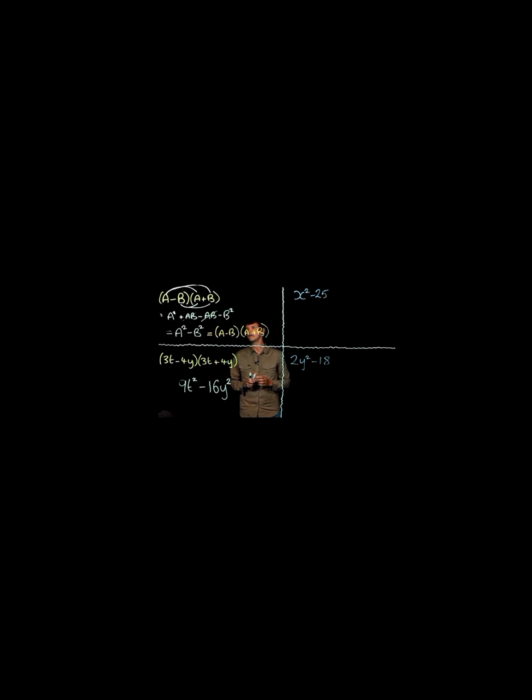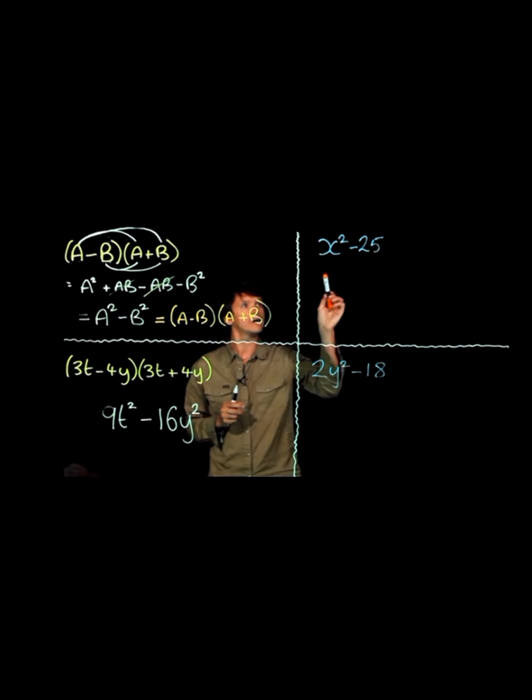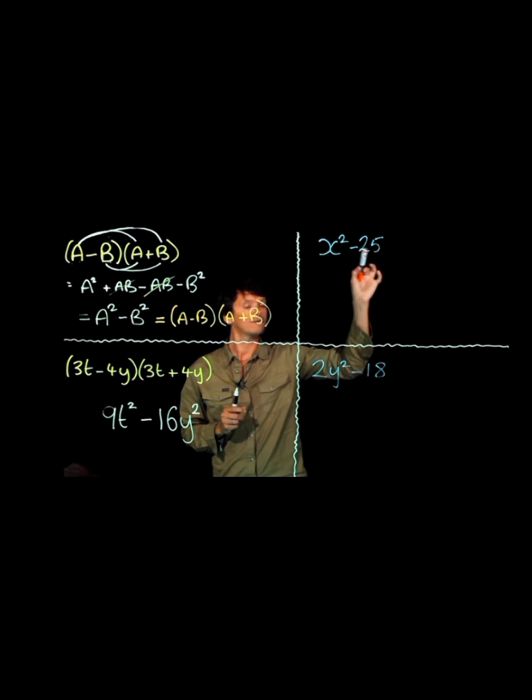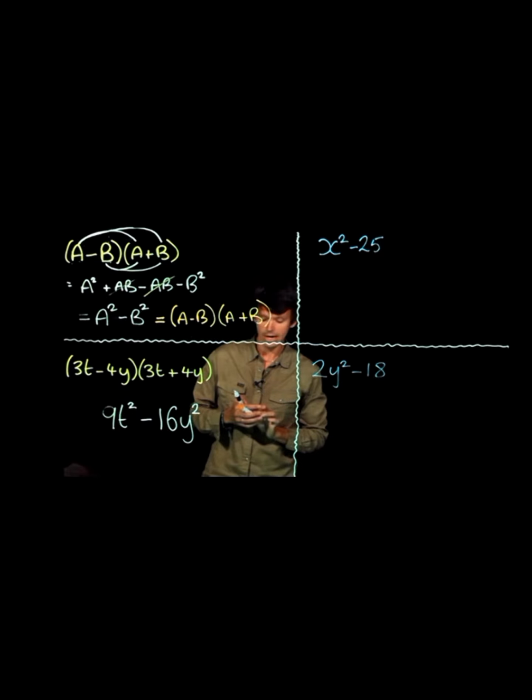Now, the other thing that you will need to do is to be able to go the other way. And you can use difference of two squares to factorize. Let's have a look at this. This is in the form already of a squared minus b squared, because we've got two square numbers. We've got x squared. We're subtracting 25, which is 5 squared.